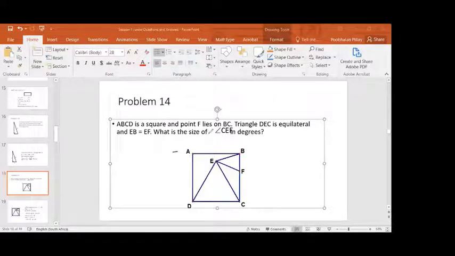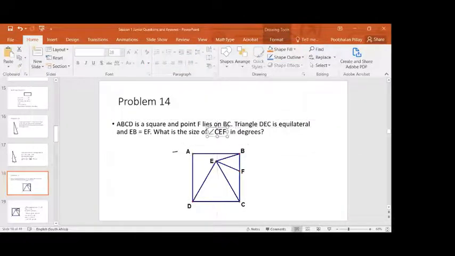And the point F lies on BC. Nothing is said about F. It just says F lies on BC. Triangle DEC is equilateral.